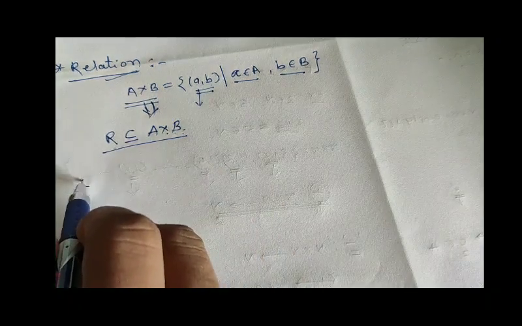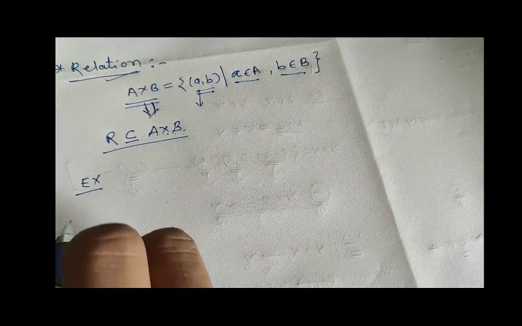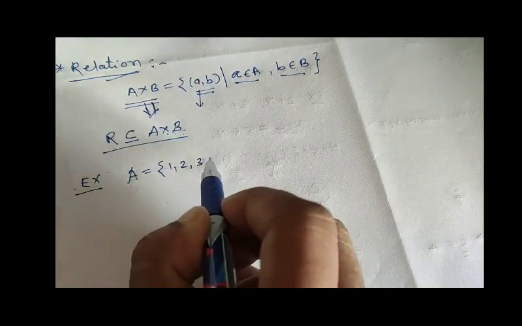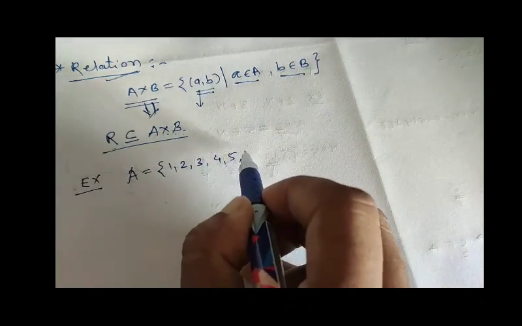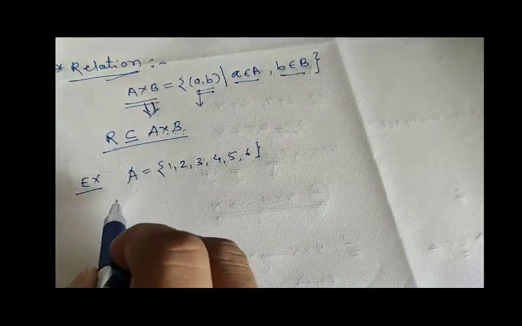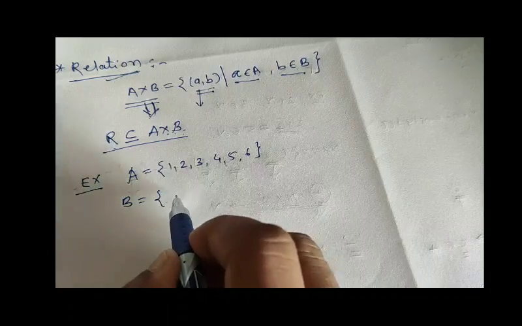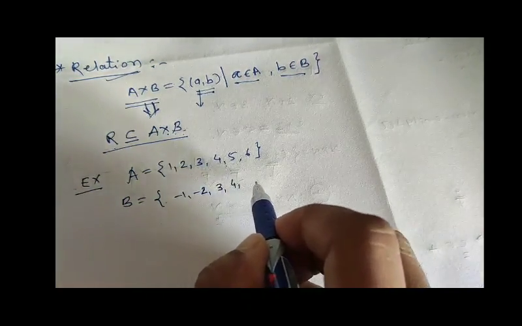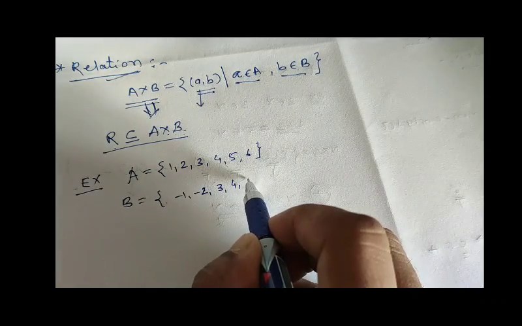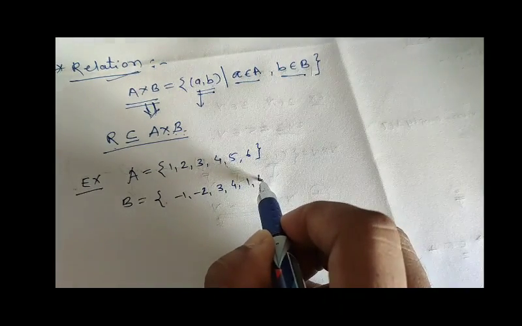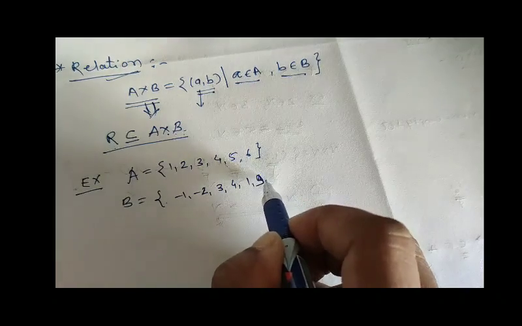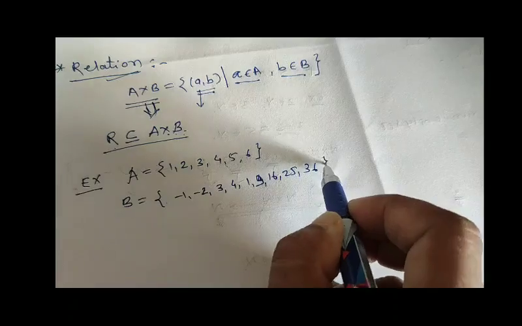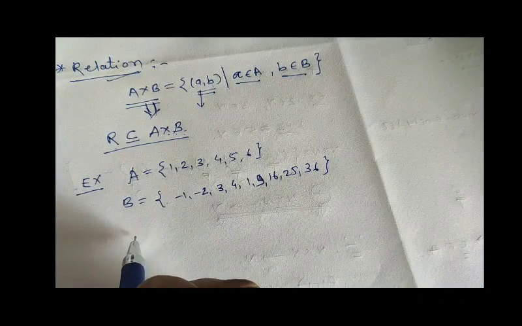We discuss one example. Let A be the set of some elements like this, and B be the set of again some elements like this.